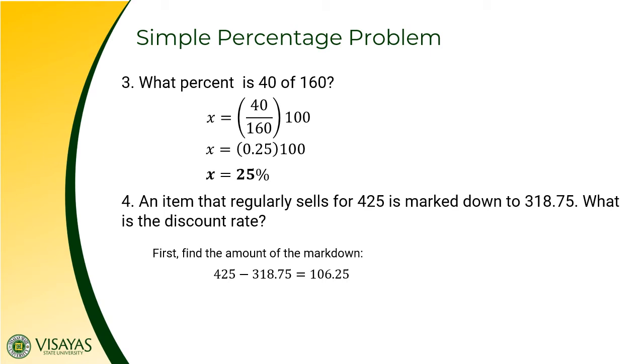And that is now a similar question and similar thing sa number 3. We are looking for the percent. 106.25 is how many percent of 425? And now we can calculate the markdown rate. Same process in finding the x. Okay, we have here 425x is equal to 106.25.